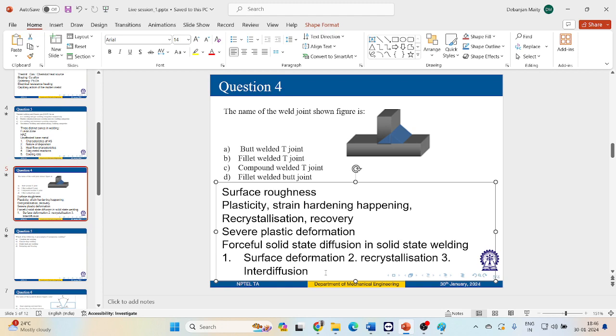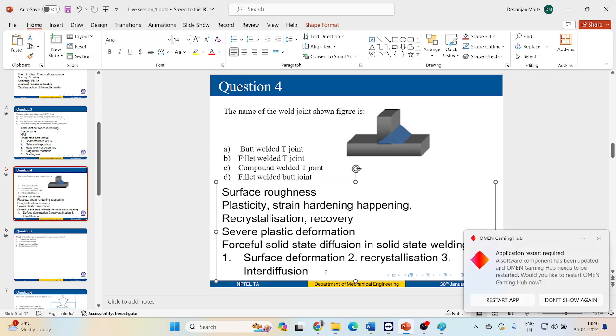The classifications, as I was mentioning, could be on different aspects. They can depend upon the source, on the application of pressure, on the different phases of base and filler materials. They could be the composition of the joint, the position of the electrode, and the mechanism, of course.